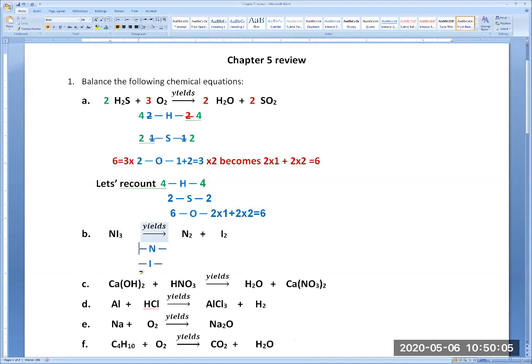On the left, we have only 1 nitrogen. On the right, here the subscript 2 belongs to nitrogen. It says we have 2 nitrogens on the right, 1 on the left. Iodine, we have 3. The subscript 3 here belongs to iodine only, and it says we have 3 iodines on the left. And here on the right there is only one molecule with iodine, and it has 2.